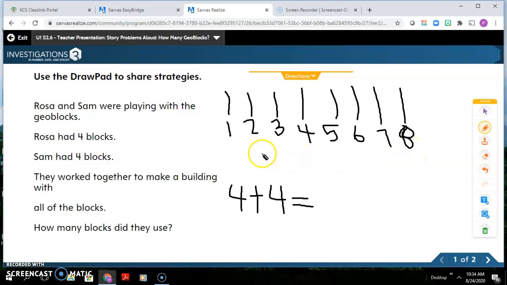Another strategy is called counting on. We could start with the blocks that Rosa has, so I'm going to put a 4. And I'm going to count on 4 more because that's how many blocks Sam has. 1, 2, 3, 4.